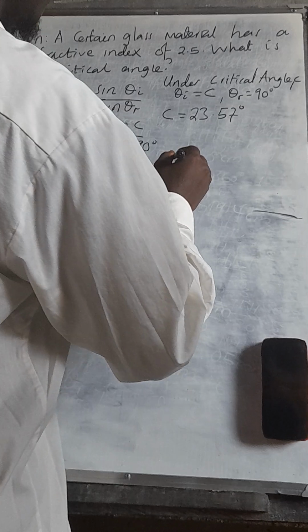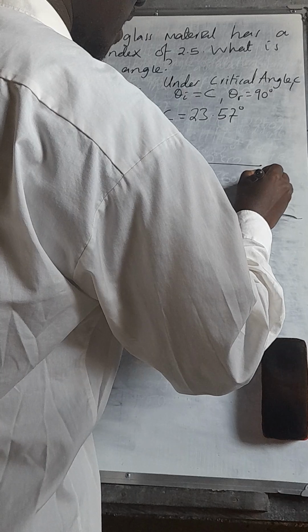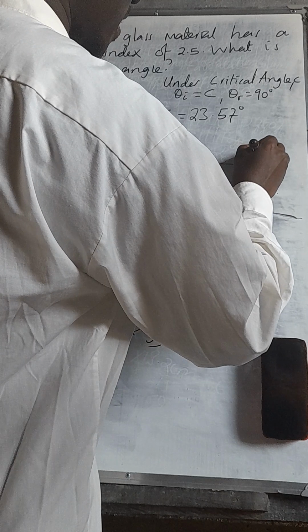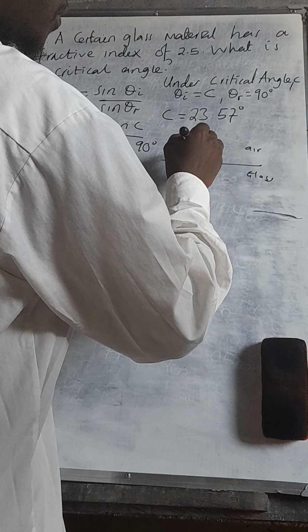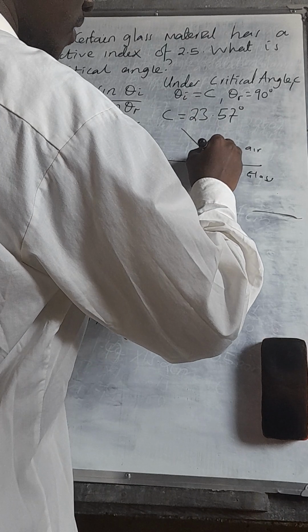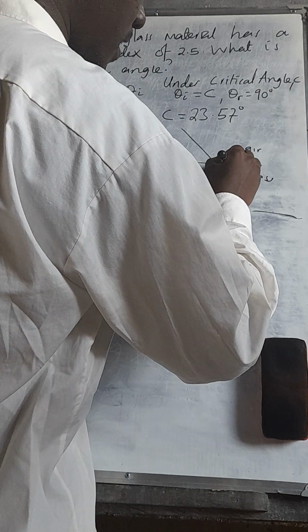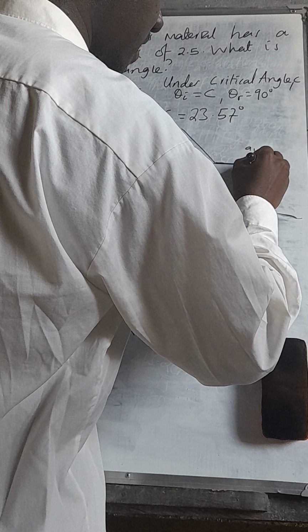The knowledge, tunajua kwamba mwanga unasafiri kutoka one media unakwenda kwenye media nyingine. Kwa mwanga unaposafiri, this is glass kulingana na swali letu, and this is air. Kwa hiyo huu mwanga unatoka kwenye air unakwenda kwenye glass. Sasa ulivyofika hapa ukawa reflected.